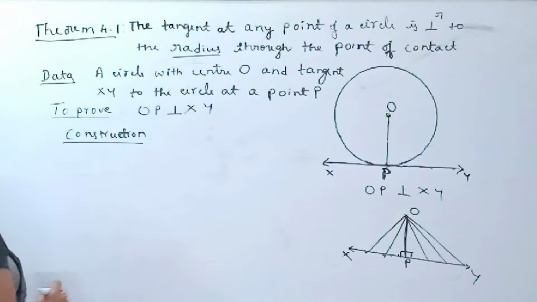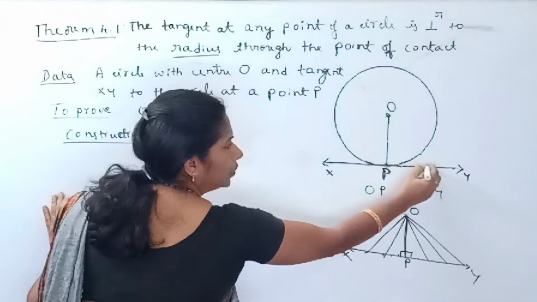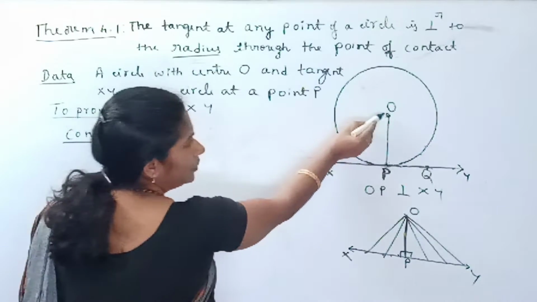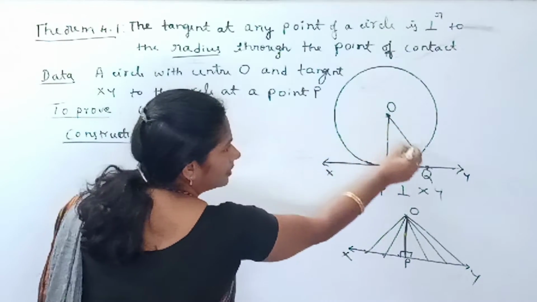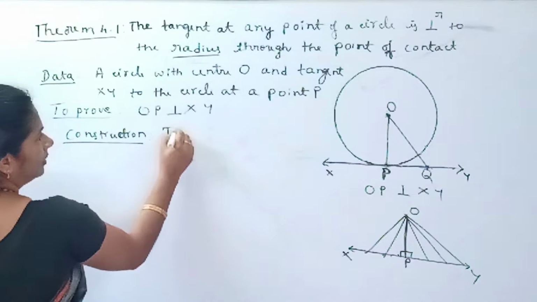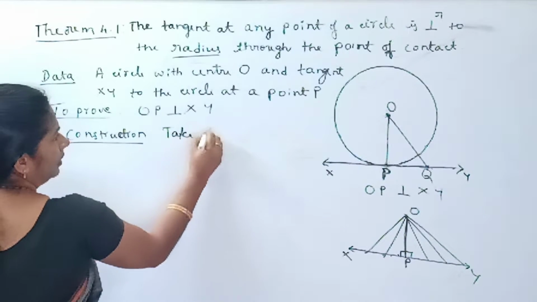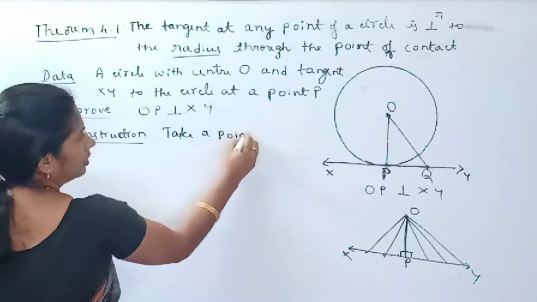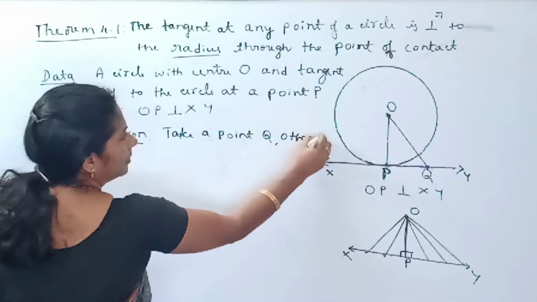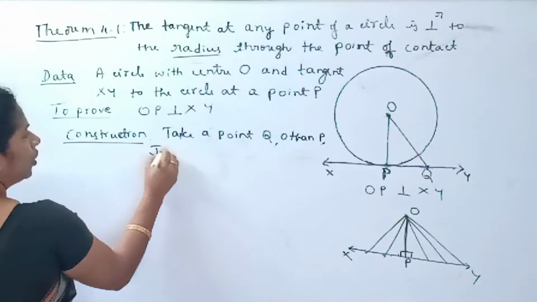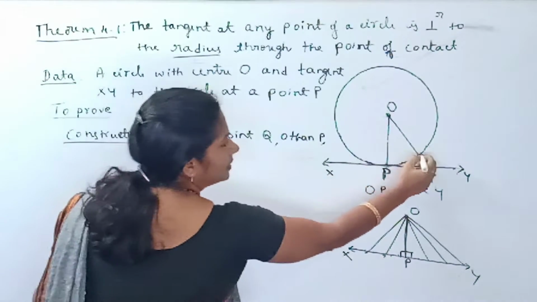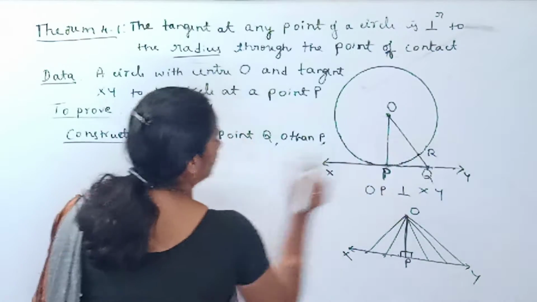What is the construction? Take a point Q on XY other than P and join O and Q. Let us write that. Take a point Q other than P, join OQ.